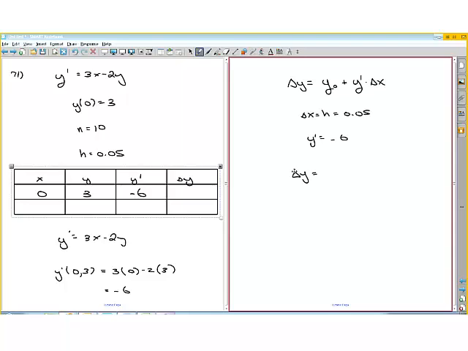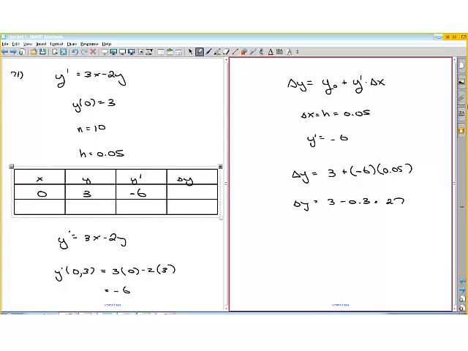So the estimate of delta y is equal to y0, which is the original value of y, which is 3, plus y prime, which is -6, times delta x, or h, which is 0.05. And so that's 3 minus 6 times 0.05 is 0.3. So the second part becomes 0.3, so you get 2.7.